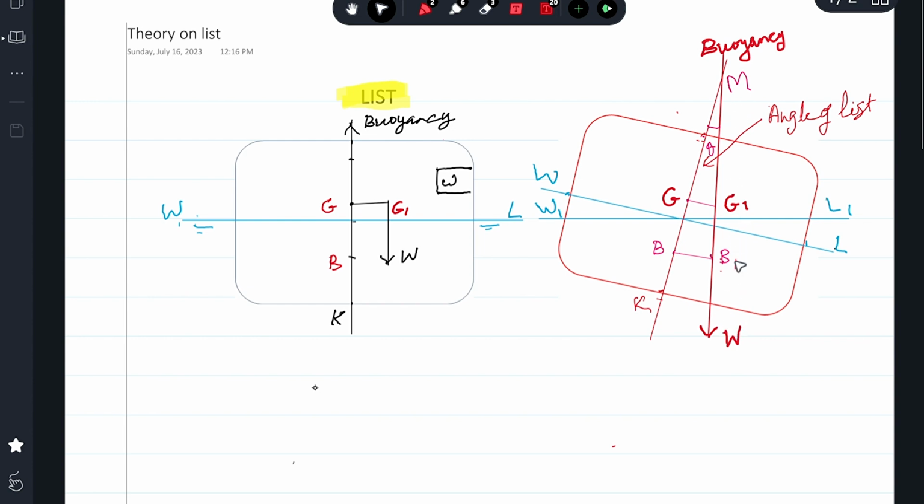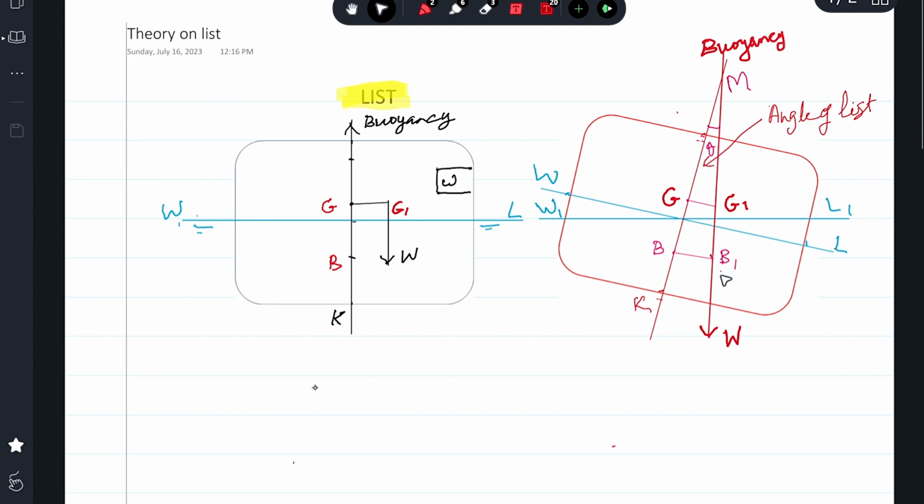The ship will now be at static equilibrium once they are vertically in line with each other. This angle at which the ship has inclined and come to static equilibrium is the angle of list here.